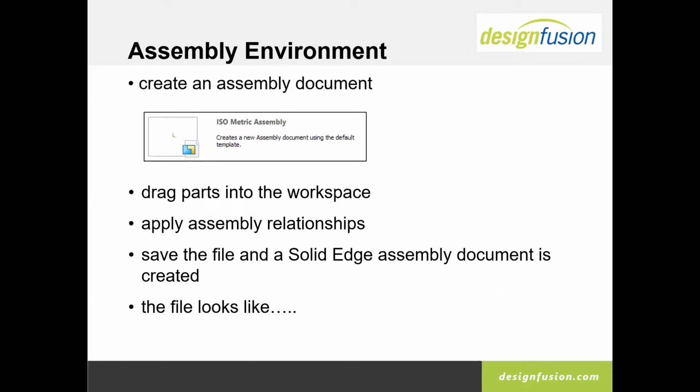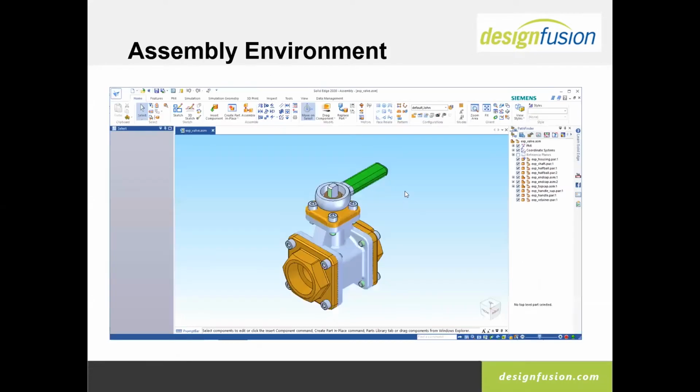Unlike the sheet metal or part environment, as soon as two solids touch, they do not automatically unite. We want to keep the parts separate inside of the assembly, so we have to put them together with assembly relationships. We save the file in Solid Edge, and we end up with something similar to what you see here.